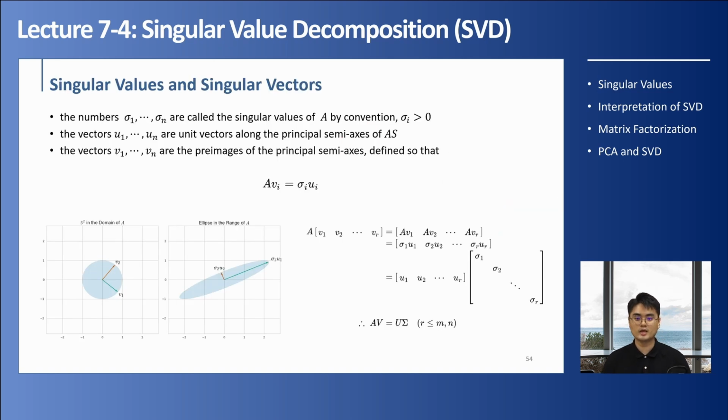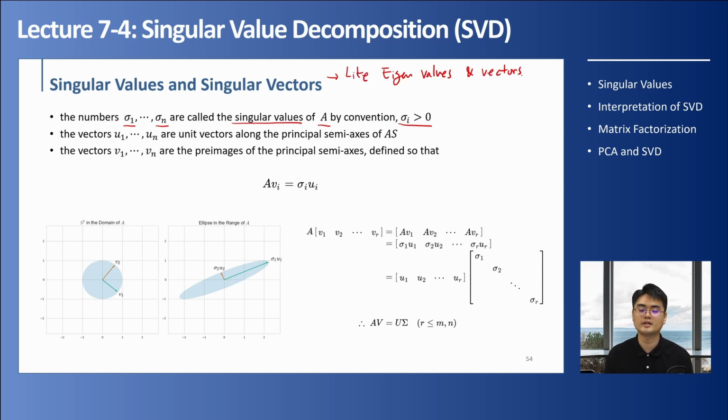So when we're doing singular value decompositions, we are talking about singular values and singular vectors. The numbers sigma 1 to sigma n are called the singular values of A, and by convention, sigma i is larger than 0. These words, singular values and singular vectors, are similar to eigenvalues and eigenvectors.